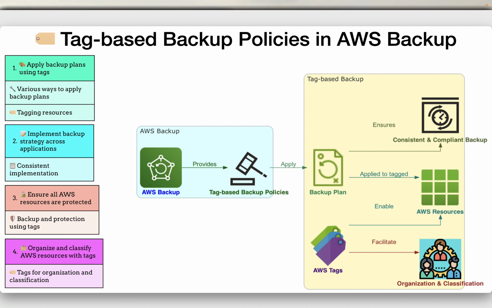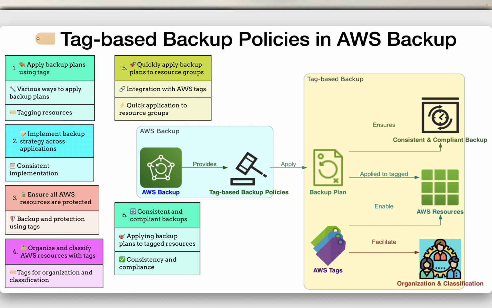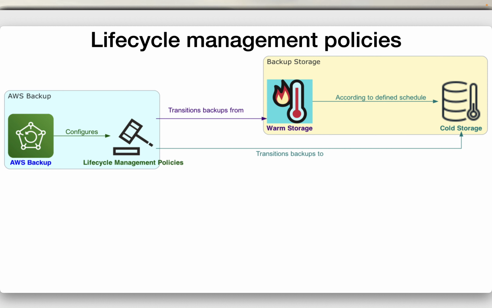AWS tags provide a great way to organize and classify your AWS resources. Integration with AWS tags enables you to quickly apply a backup plan to a group of AWS resources. By applying backup plans to tagged resources, you can ensure that they are backed up in a consistent and compliant manner.